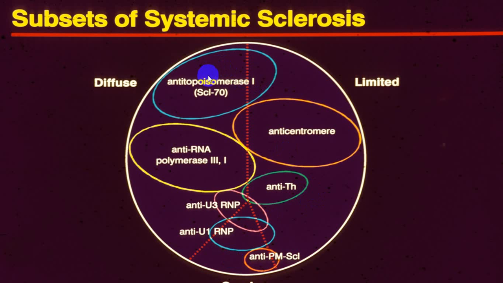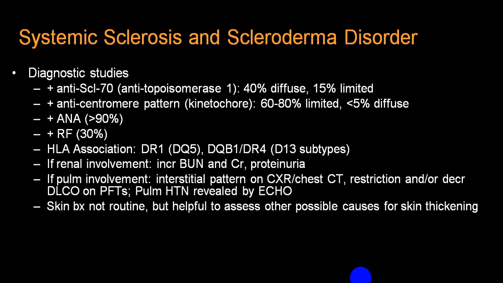In overlap you can have another variety of antibody, more common with Sjogren syndrome, polymyositis, SLE, etc. Mainly we do anti-scleroderma 70 and anti-centromere antibody.